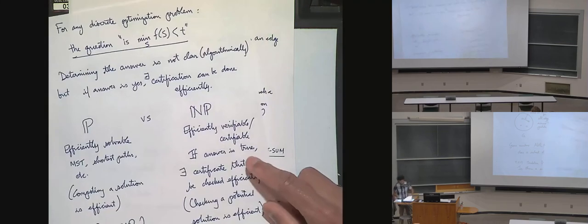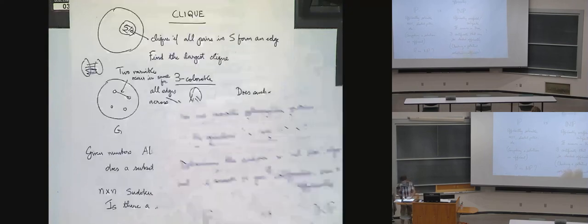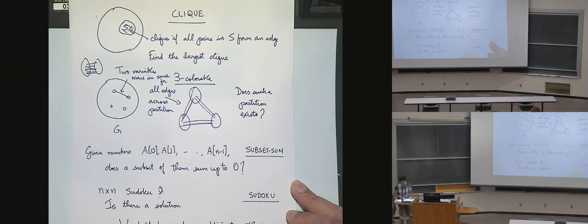Because if I give you a solution, you can efficiently check that it's correct. But for all of these problems, we don't know of an efficient method to solve or optimize.